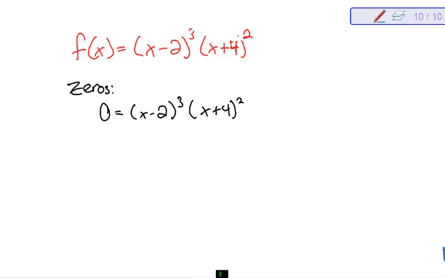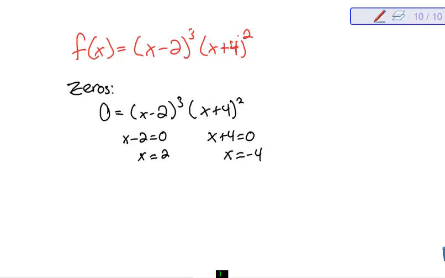For these, all I'm going to do is set each of my parentheses equal to 0 and solve. The exponents we will get to on what they mean, okay? But it's already in factored form, so what we're going to do is just look at the actual factors. Therefore, x is equal to 2 and x is equal to a negative 4.